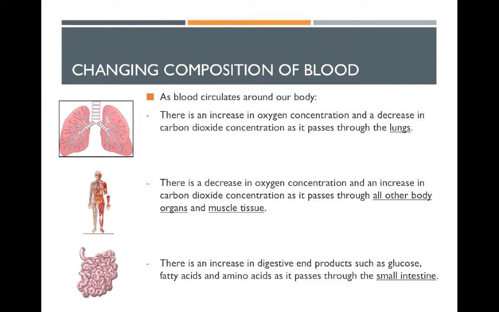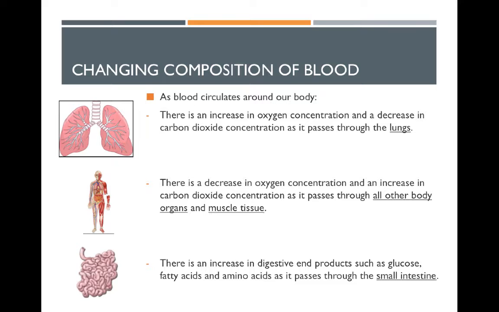As blood is moving through our body, firstly, as I'm sure you're well aware, there's an increase in oxygen in our lungs and a decrease in carbon dioxide, okay? Because we breathe in oxygen and we breathe out carbon dioxide, and that's essentially how it gets into our blood through the lungs.